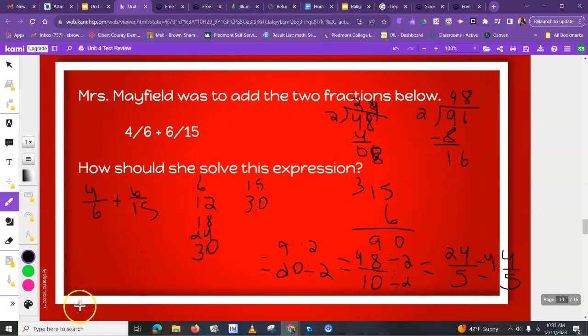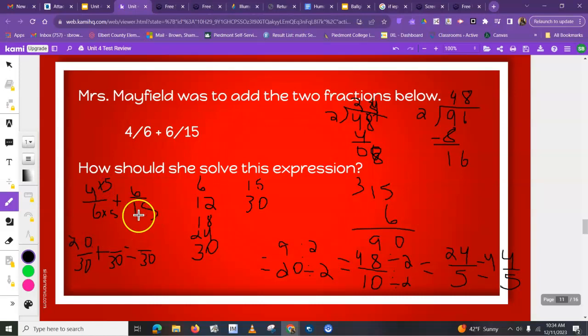It's 30. So I know it's going to be something over 30 plus something over 30 equals something over 30. So now I have to find out what that something is. To get from 6 to 30, I multiply by 5, so I'll have to do times 5 on the top. 5 times 4 is 20, so this will be my numerator over here, 20.